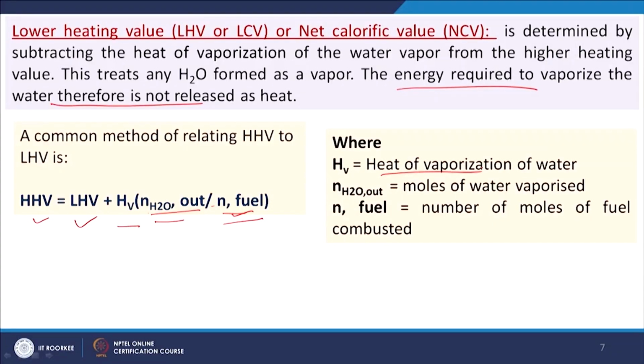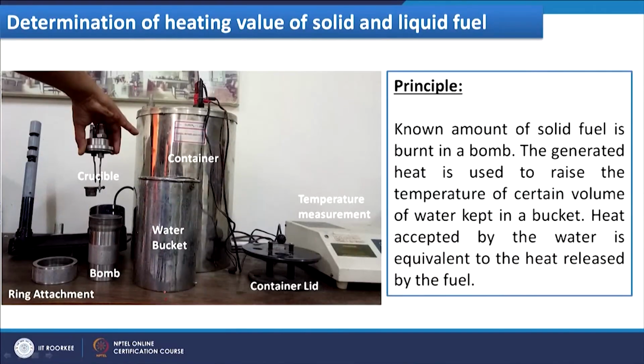If we multiply it by the heat of vaporization of water and add this amount of heat to the lower heating value, that will give us the higher heating value. Now, let us see how we can determine it. For the determination of higher heating value, we use a Bomb calorimeter, as shown in this figure.